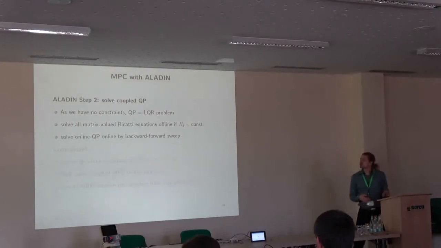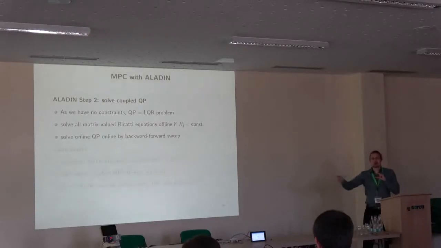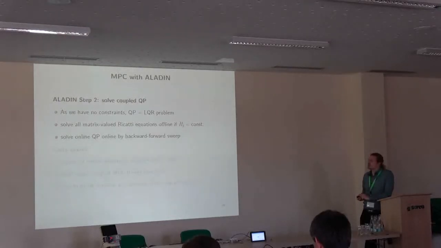The way we do this is these QPs, as mentioned. If we have Aladin, we actually have an equality constrained quadratic programming problem. Basically, our QP is an LQR problem, since we have this time coupling structure. So we can use the LQR theory in order to get an efficient solver for that QP. And I hope that you know LQR.